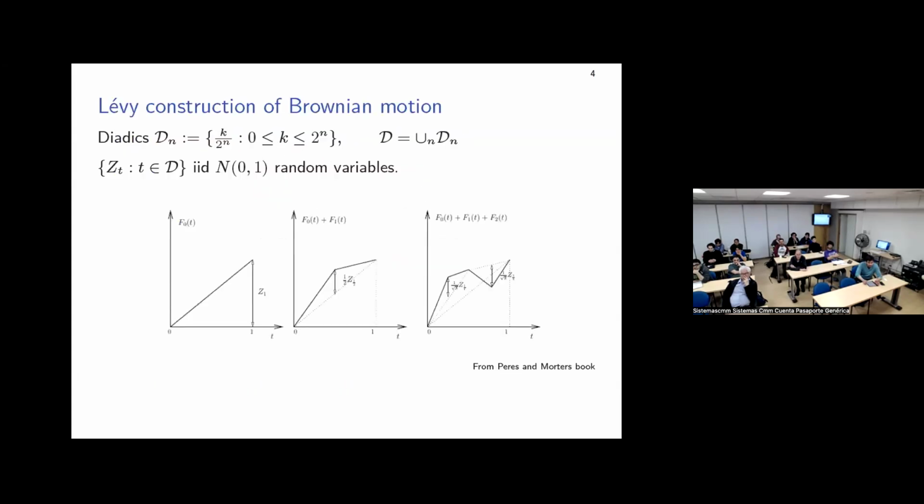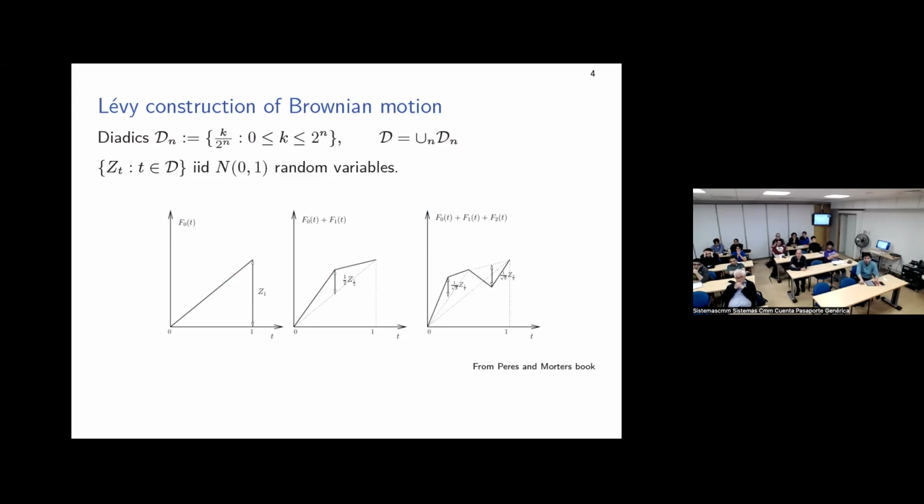And then there is the reconstruction of Brownian motion that is very nice. You consider the dyadic numbers, k over 2 to the n, k between 0 and 2 to the n. So we are constructing the process in times between 0 and 1. Then you take a family of standard Gaussian random variables, Z_t, with t belonging to the dyadics.